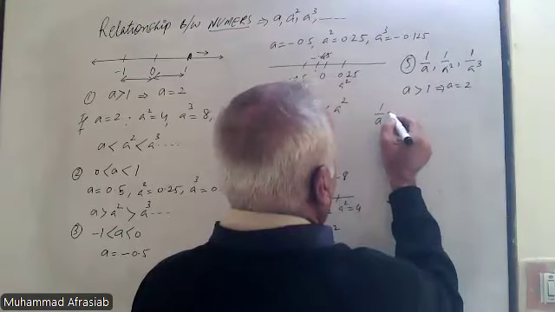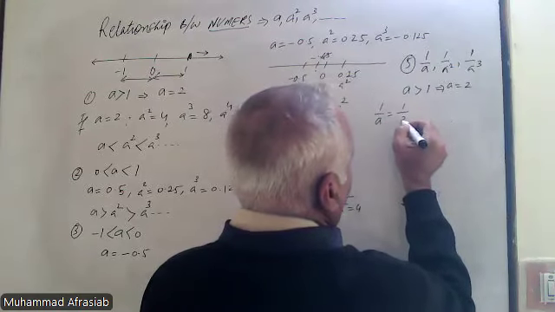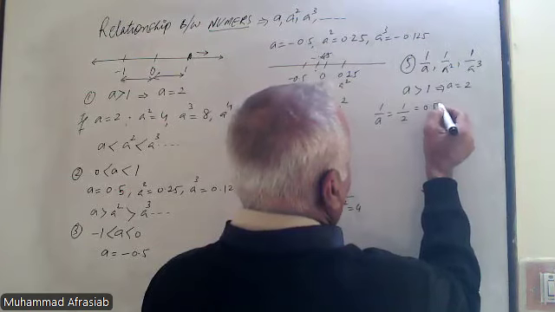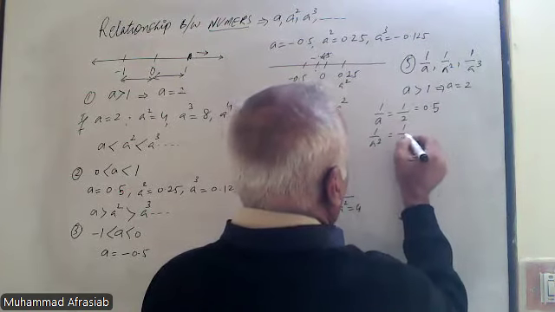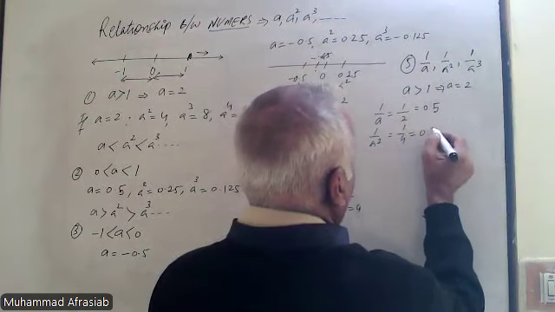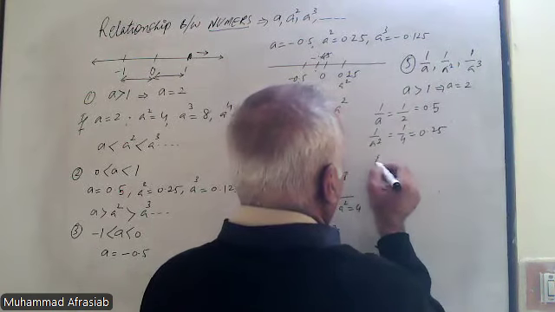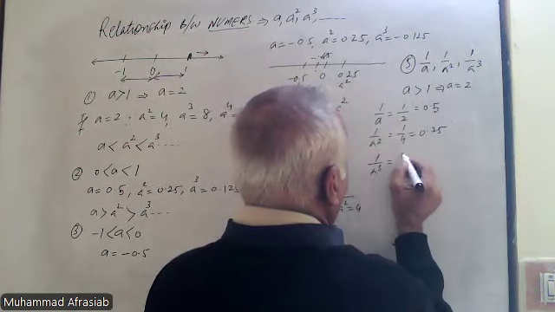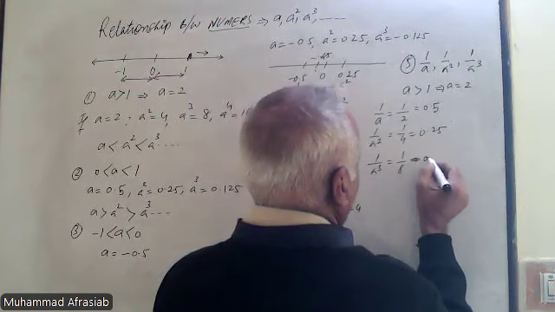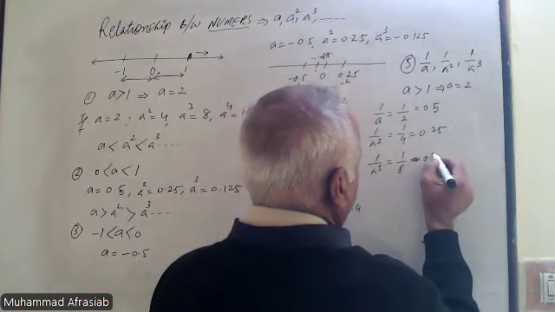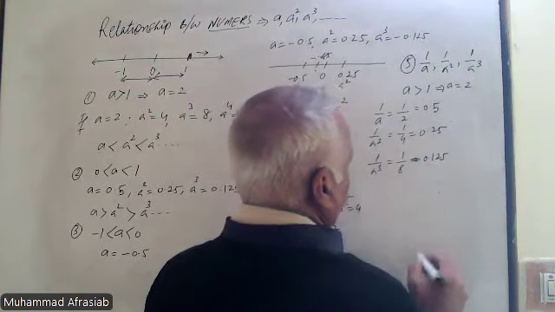So 1 over a is equal to 1 over 2, that is 0.5. 1 over a square is 1 over 4, that is equal to 0.25. 1 over a cube is 1 over 8, that is equal to 0.125.